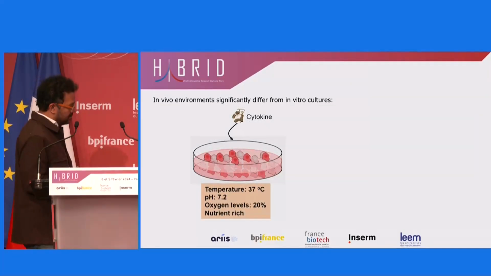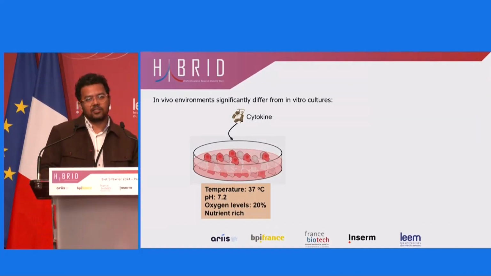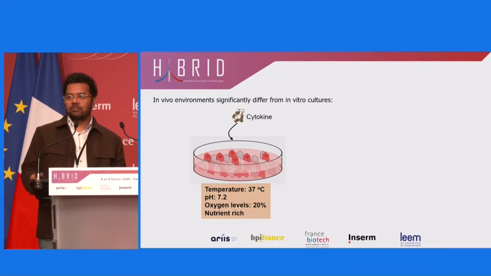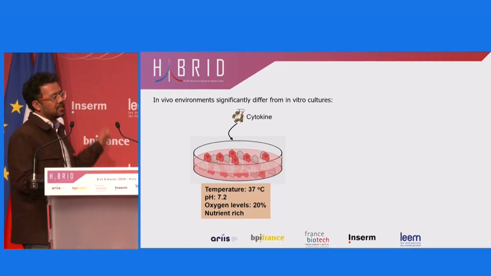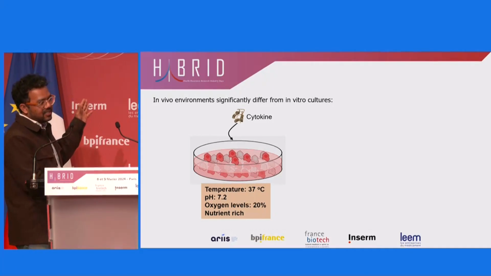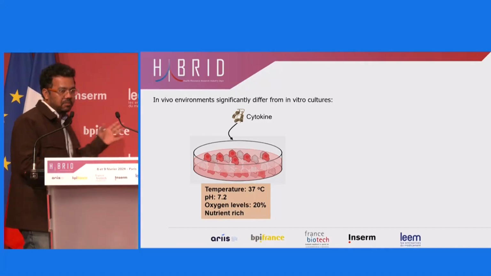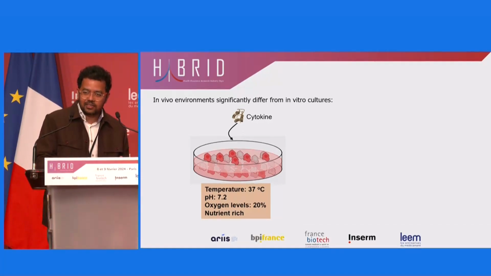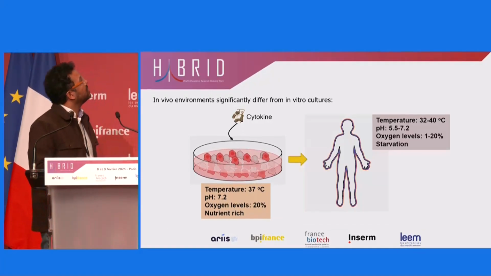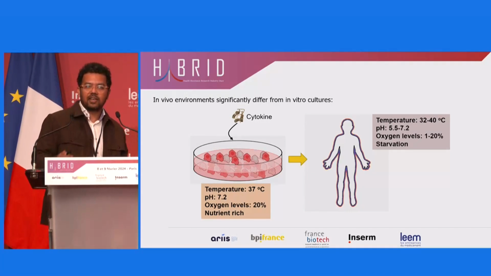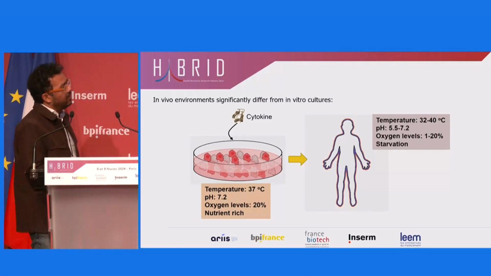Now, for the last 20, 30 years, we've been studying cytokines in very optimal conditions. In our lab, we have incubators with very optimal conditions in terms of temperature, pH, oxygen levels, and nutrient-rich media. But very often in the tissues, that's not the case, because the temperature can vary. In arthritis, you can have a very different temperature, in particular in inflamed tissues.